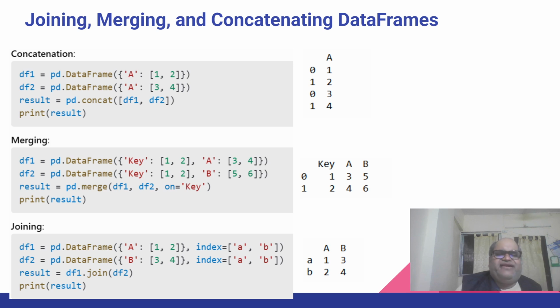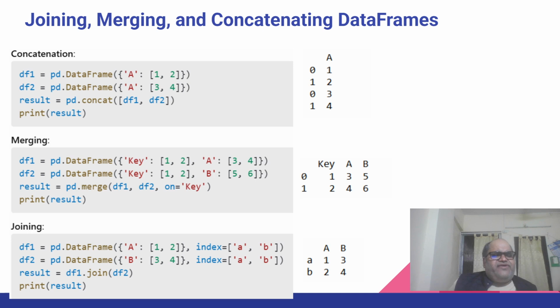Joining, merging, and concatenating, right? Say your df1 is a single column data frame with values 1 and 2. I got it using pd.DataFrame and inside a dictionary, A: 1, 2. Then you got df2 with pd.DataFrame, inside A: 3 and 4. Now if you want to concatenate, you have to call pd.concat and provide df1, df2 in a list-like structure. So you can provide two or more data frames inside a list for concatenation.